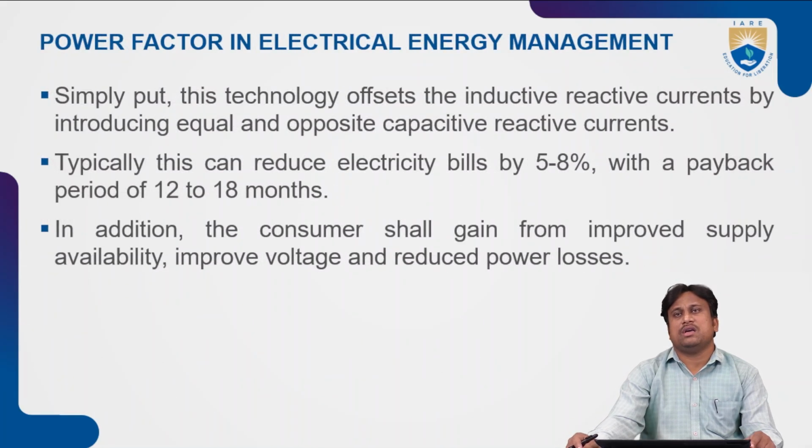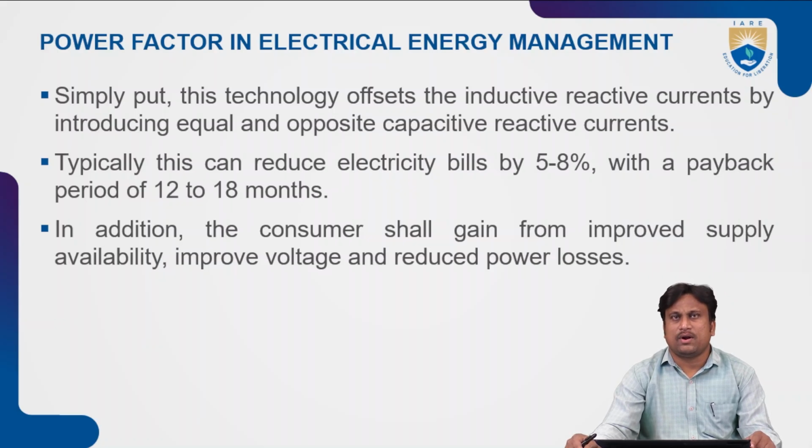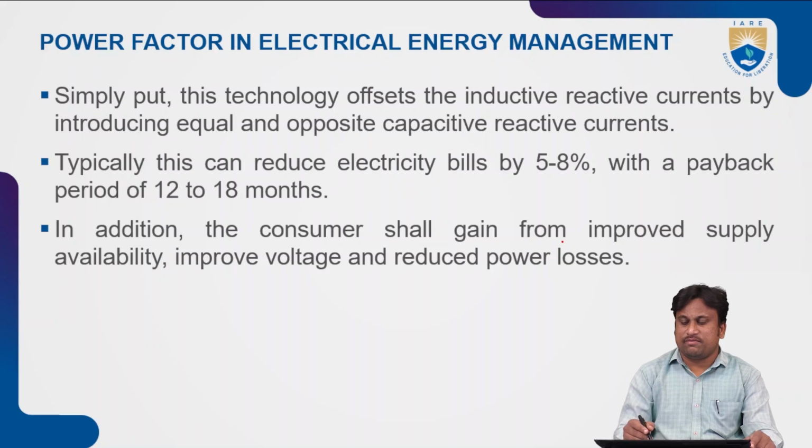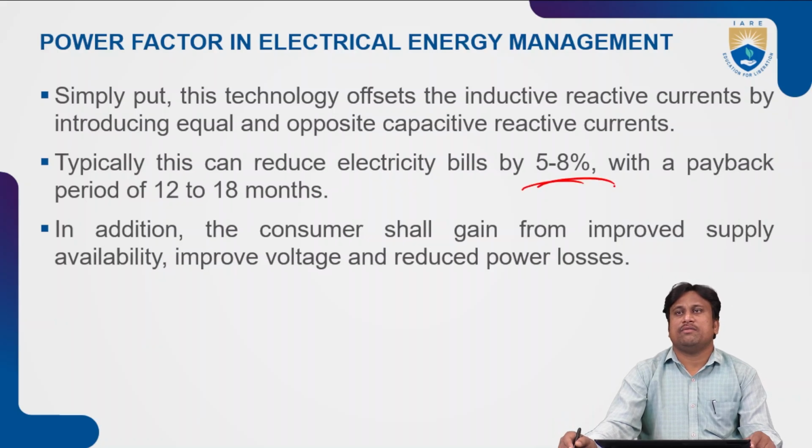Keeping this technology offsets the inductive reactive currents, they are supposed to introduce equal and opposite capacitive reactive currents. So what happens with this equal and opposite is that they try to cancel each other. Typically this can reduce the electricity bills by about 5 to 8%, with a payback period of 12 to 18 months.